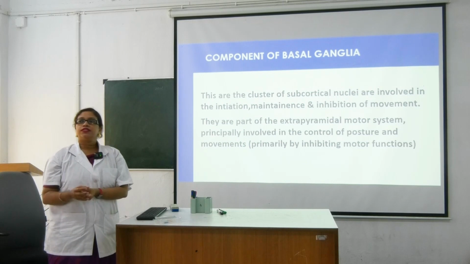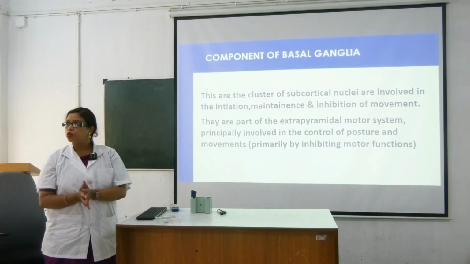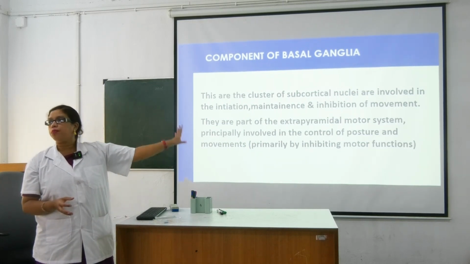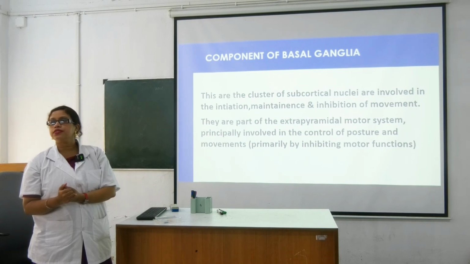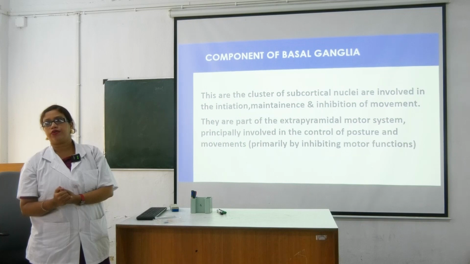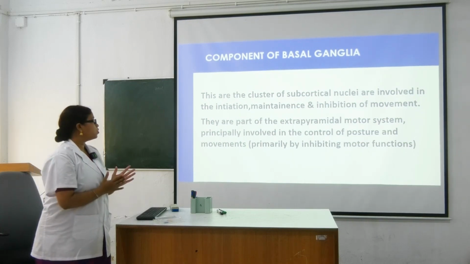যদি তোকে বলে tell me the name of the extrapyramidal motor system, you could also include all the basal nuclei. ঠিক আছে, যে চারটে বললাম, একটা হচ্ছে corpus striatum, then next one is the globus pallidus, then subthalamic nuclei, substantia nigra. Okay, so you include all of them.